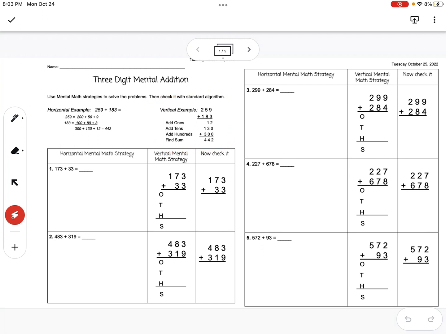So using the same addition problem, we have 259 plus 183. Adding our ones, 9 plus 3 equals 12. Adding our tens, 50 plus 80 would equal 130. And then adding our hundreds, 200 plus 100 equals 300. And then we find our sum, adding it down, we find a total of 442.